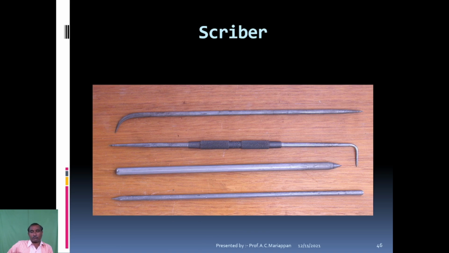Straight scriber, bent scriber, leg scriber, and others: some types of different scribers we can see in the picture.